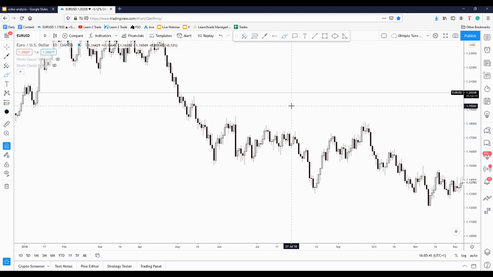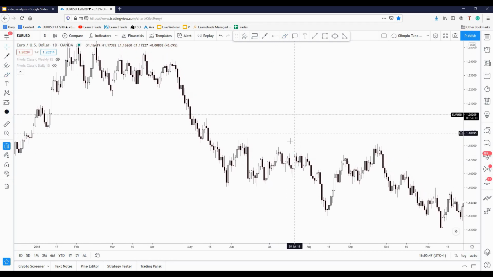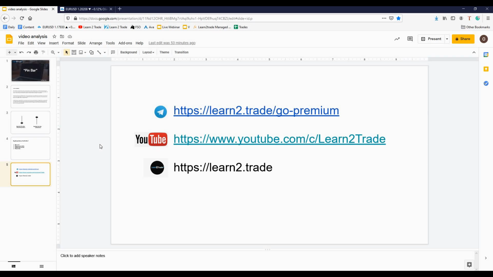And you can use the pin bar with other trading tools. You can use the pin bar with trend lines, with static and dynamic resistance levels, and also with other indicators and other trading tools.